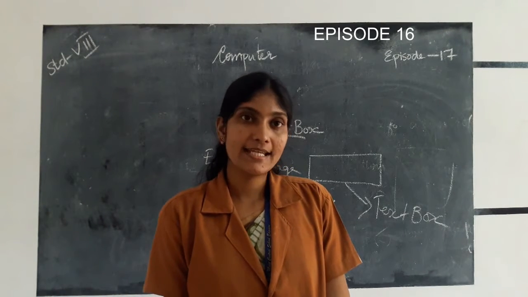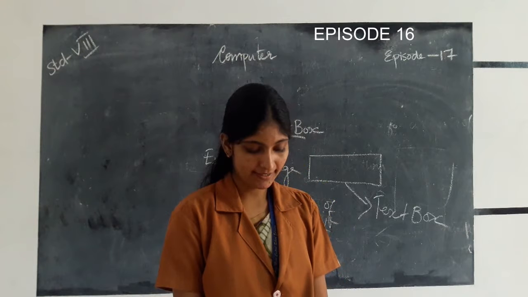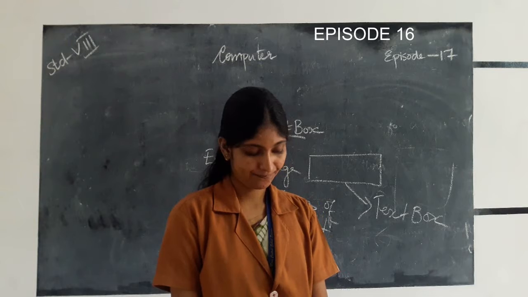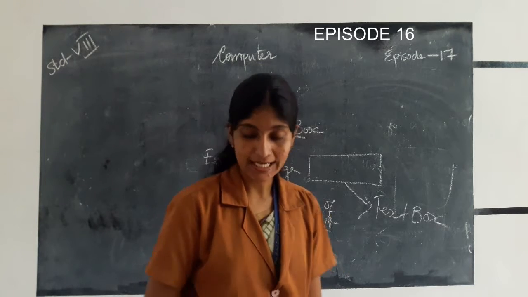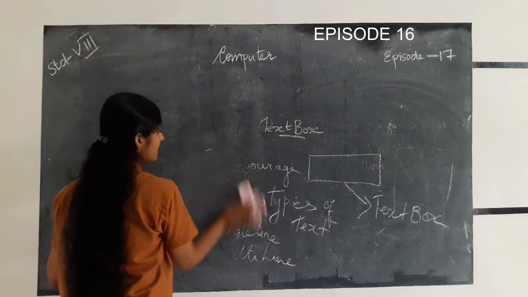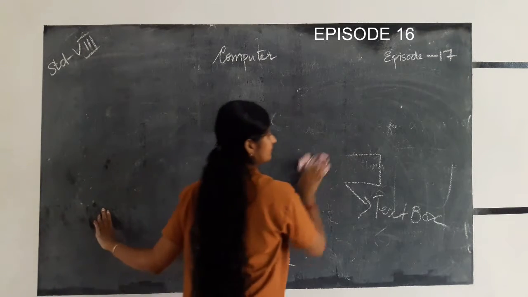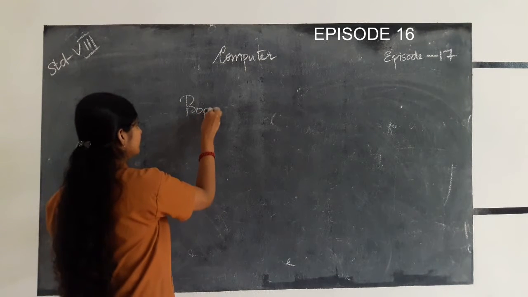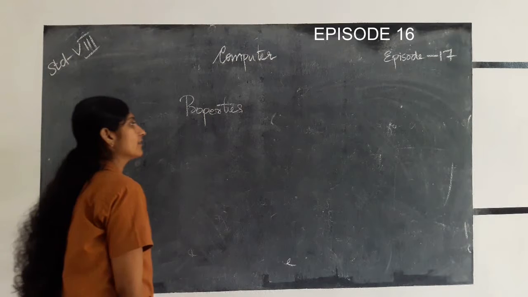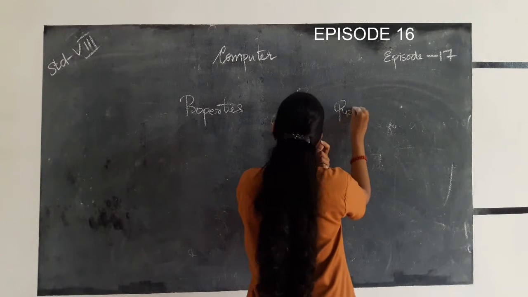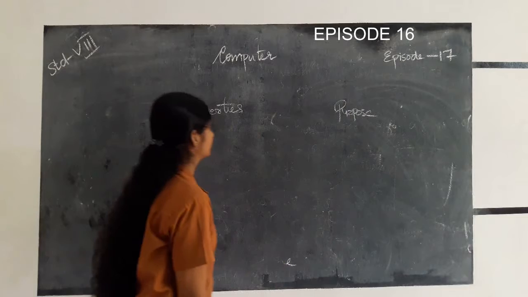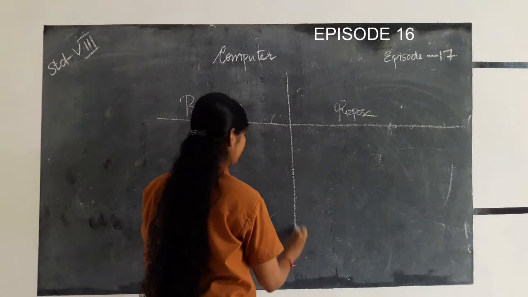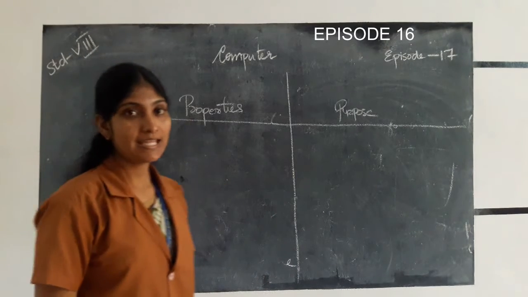Then next is properties and their purpose. First property is name.